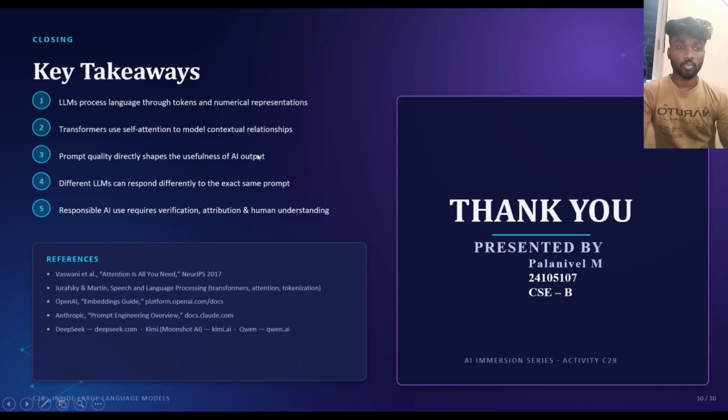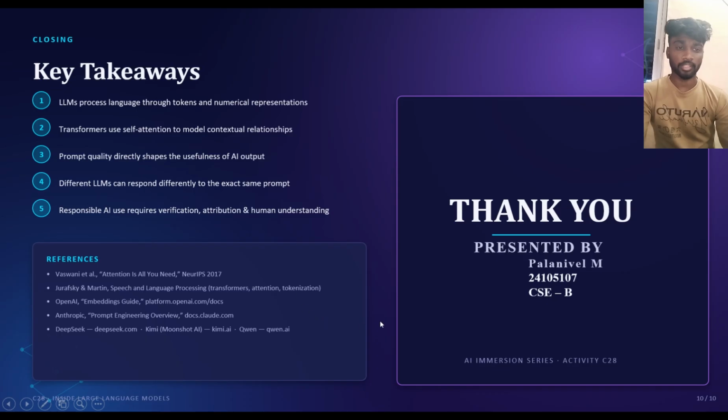Third, prompt quality can influence the usefulness of AI output. Fourth, my hands-on experiment showed that different LLMs can produce different responses to the exact same prompt. And finally, responsible AI requires verification, attribution, and human understanding.